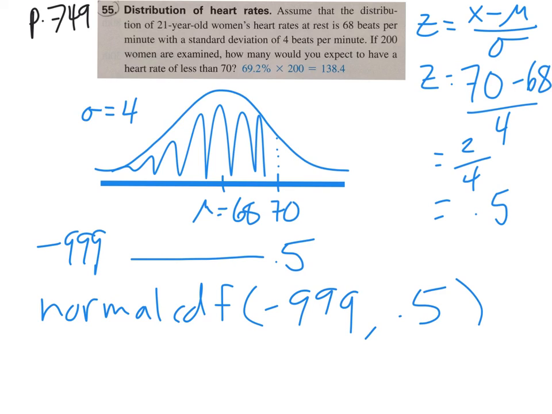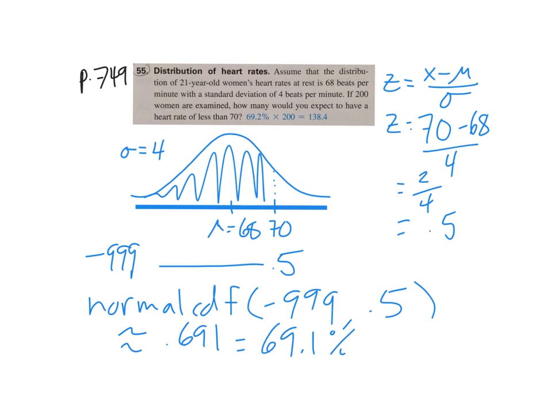And if we do this, let me do it because I actually don't have it in my notes. You should get about 0.691. That's 69.1%. I'll go ahead and just write that for you. So 69.1% of the data will lie in this range that we're after.